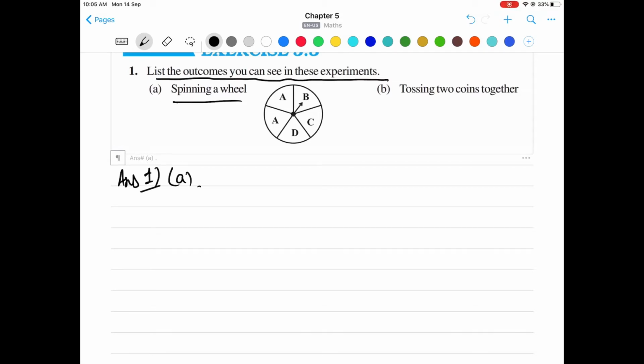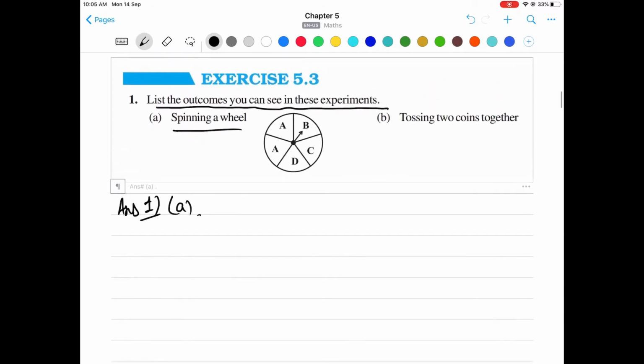When you are asked to write the outcomes, here we are not asked to calculate the probability, we have to just write the outcomes.